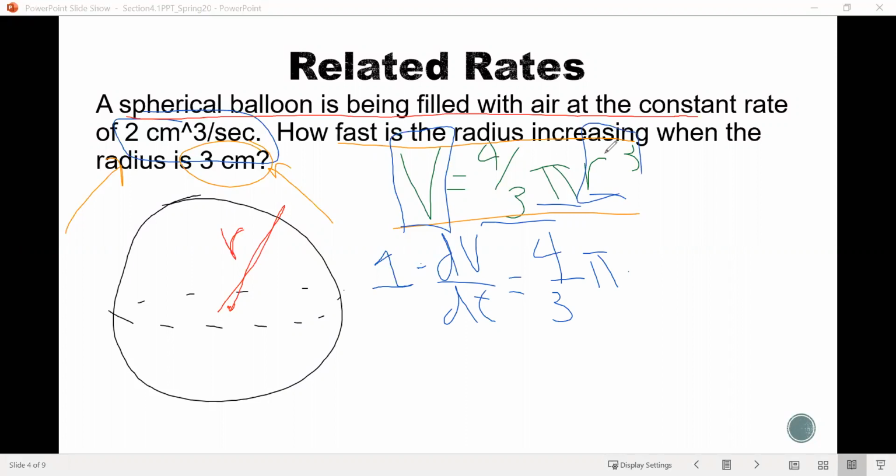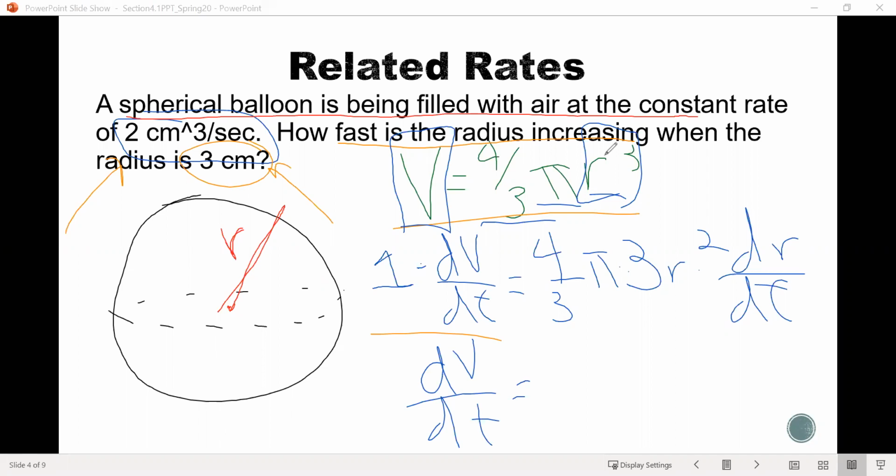Times, now we take the derivative of this r cubed, which is going to be 3r squared. And then again, we're taking with respect to time, so dr dt, which is good because that's what we're looking for. Okay, now doing some cleanup here. On the left, I have the 1 times dv dt, so that's just going to give me dv dt.